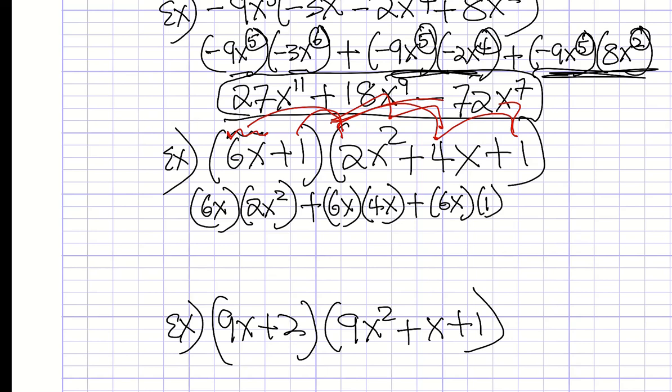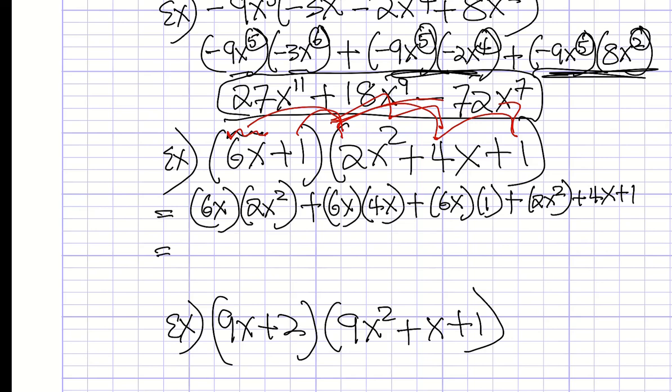And you keep going, you add the rest of the stuff. 1 times 2x, basically it's 2x squared. Then 1 times 4x plus 4x. 1 times 1 plus 1, you see? That's all they're saying there. Then you combine stuff.